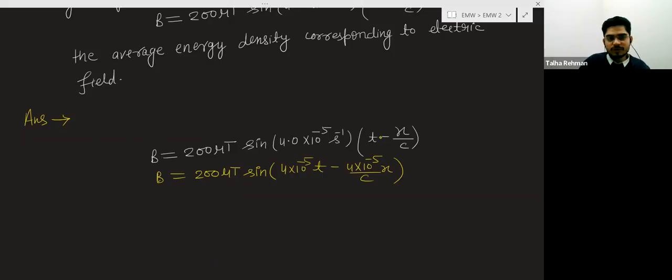So now what is the equation of the magnetic field? We can compare it with B is equal to B naught sine omega t minus kx.